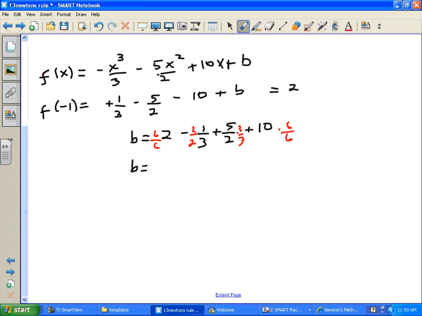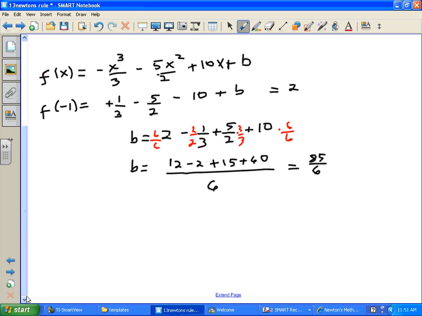And then we can simplify it. So it looks like I'm getting 85 over 6 for my constant.